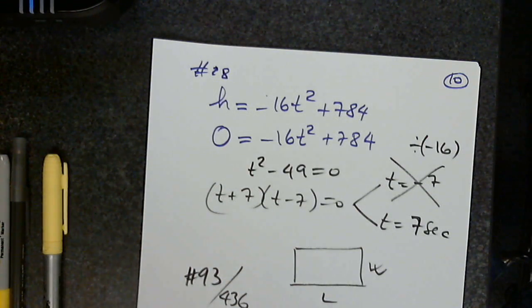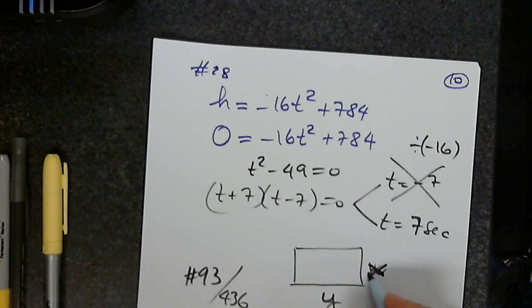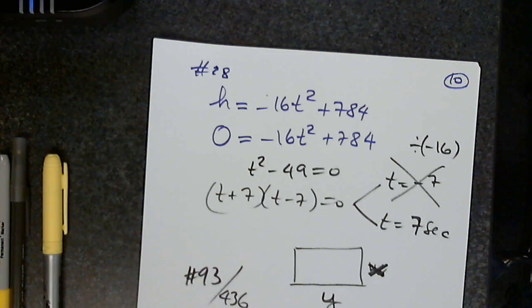Minus 4. So, you want to change into x and y? I'm fine if you want to change. You want the length y and you want the width x? Okay, perfect.